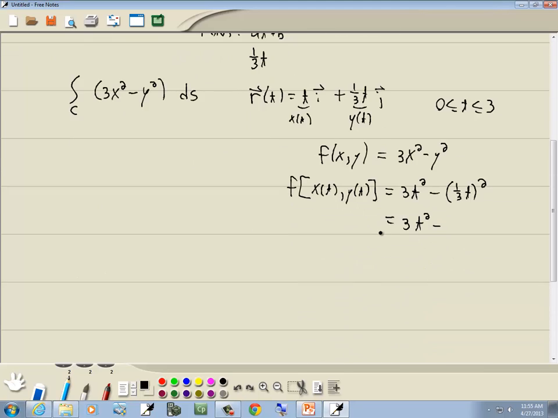I guess they are the same thing now that I'm looking at it, but okay, when I square this, that gives us 1/9 t squared, and these both have a t squared, so I can combine them together. Now this one would be 27 over 9 t squared minus 1/9 t squared, which gives us 26/9 t squared.